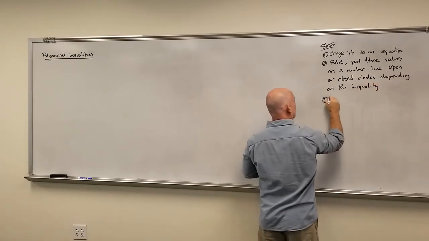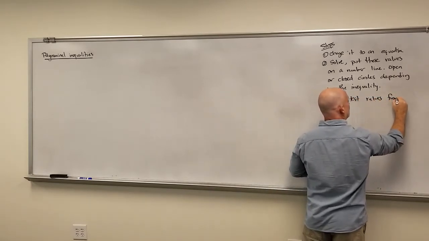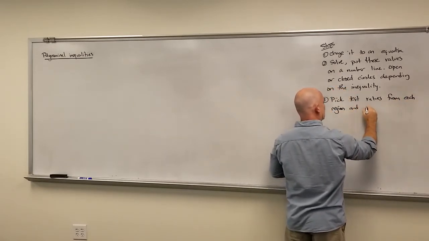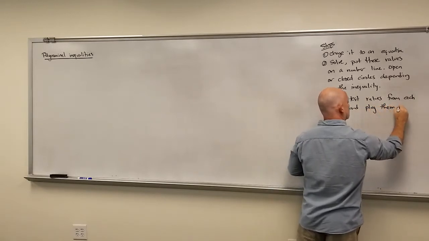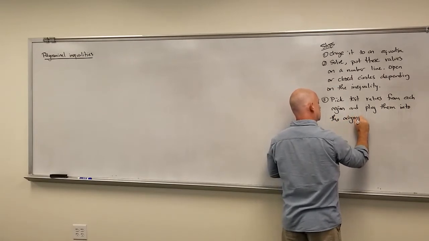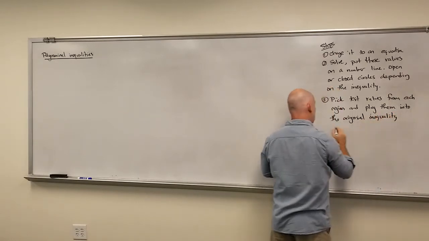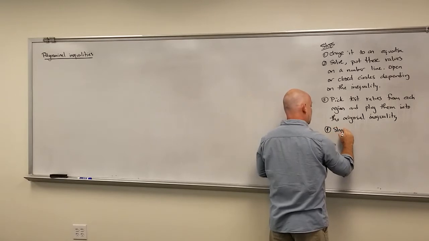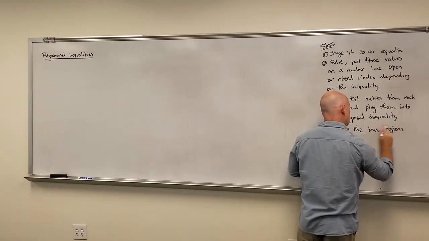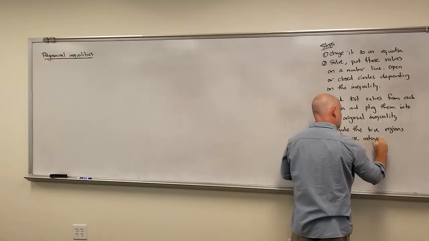All right, step three, we're going to pick test values from each region and plug them into the original inequality. Step four, shade the true regions and use interval notation.